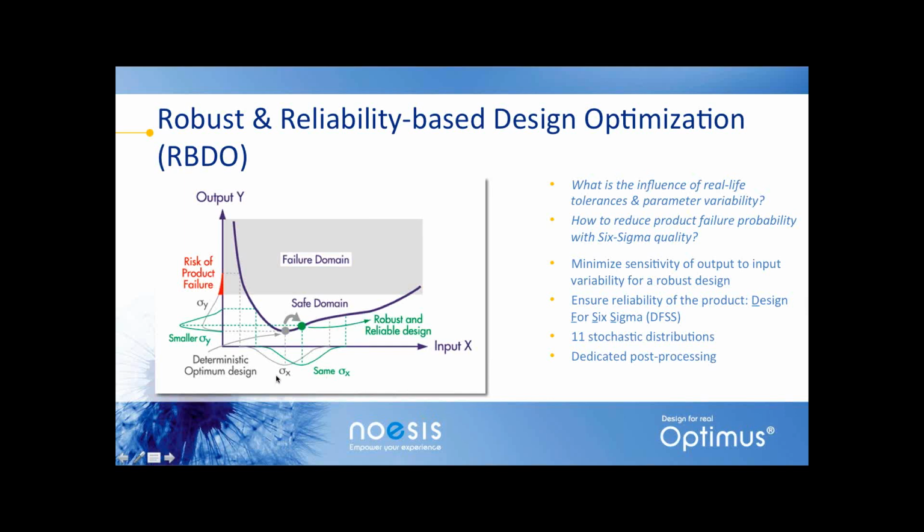In this case, Optimus will find the best design, but then look at the range of outputs, and if some of these fall into what you have predefined as a failure domain, such as a cost function or a stress point, the software will continue to search until it finds another best design, but one which ensures that your reliability is met. So very useful for your Sigma studies.